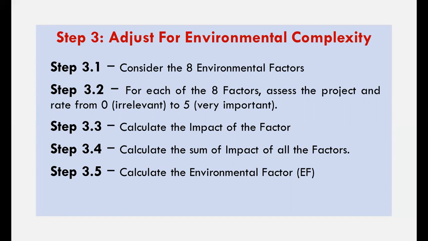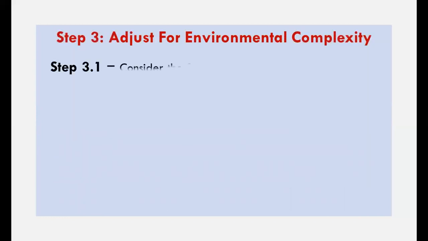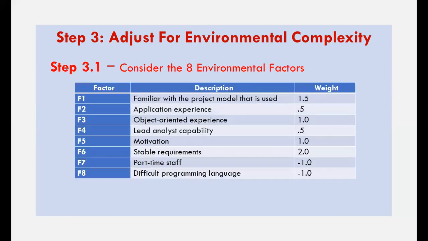In step 3.1, we need to consider the 8 environmental factors that could affect the project execution and their corresponding weights. That's what we can see in this particular table.